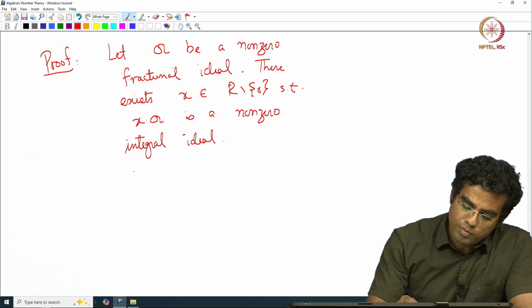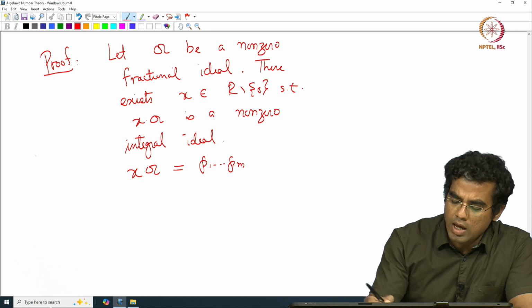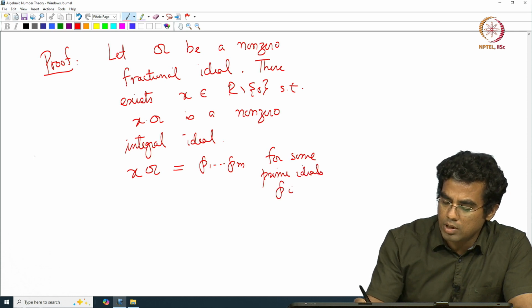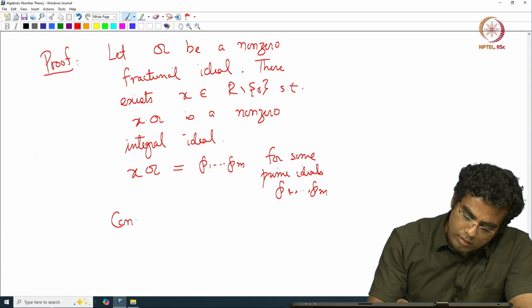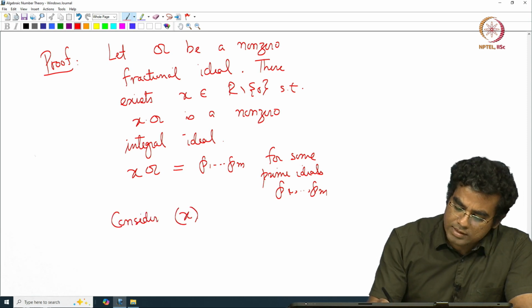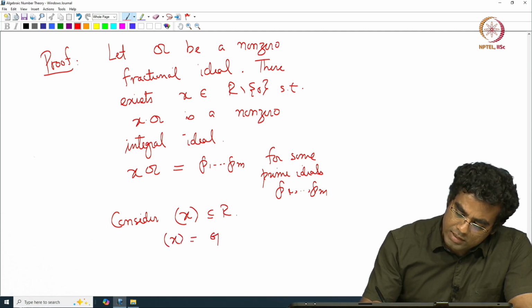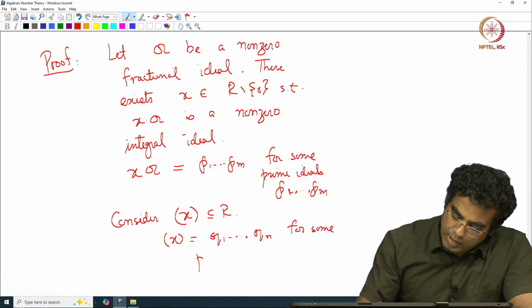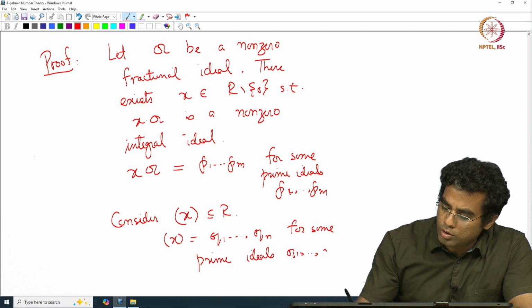Which means that x times A is P1 up to Pm for some prime ideals Pi. Now, what I do is I consider the ideal x. Okay. So, x is Q1 up to Qn for some prime ideals Q1 up to Qn.